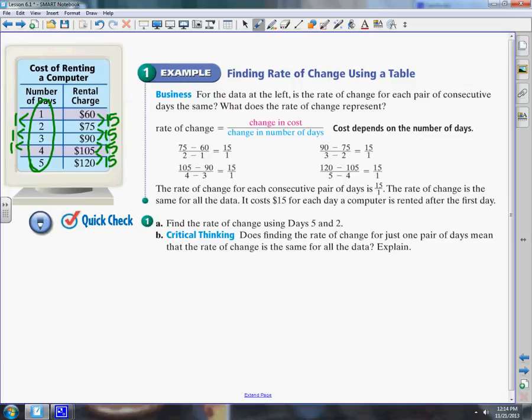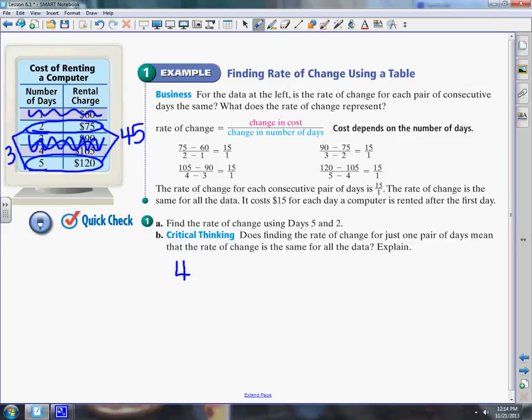Find the rate of change using days 5 and 2. If I just looked at 5 and 2, like if I didn't have these other days on my table, I would say, okay, it goes from 75 to 120, so that's a change of $45, and from 2 to 5 is a change of 3 days.